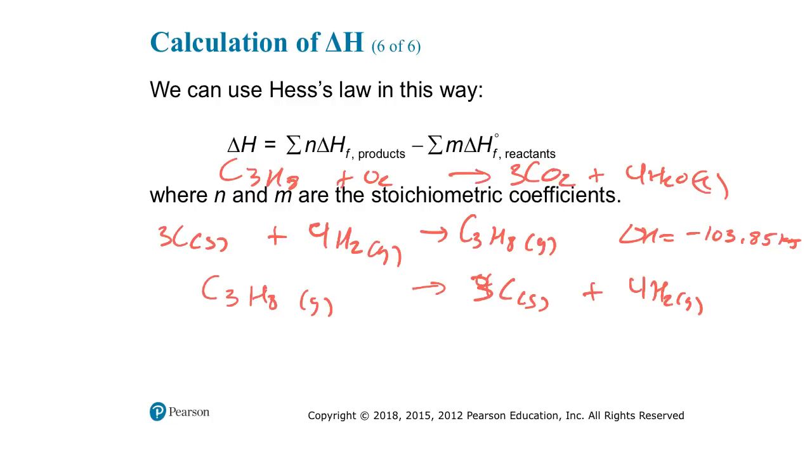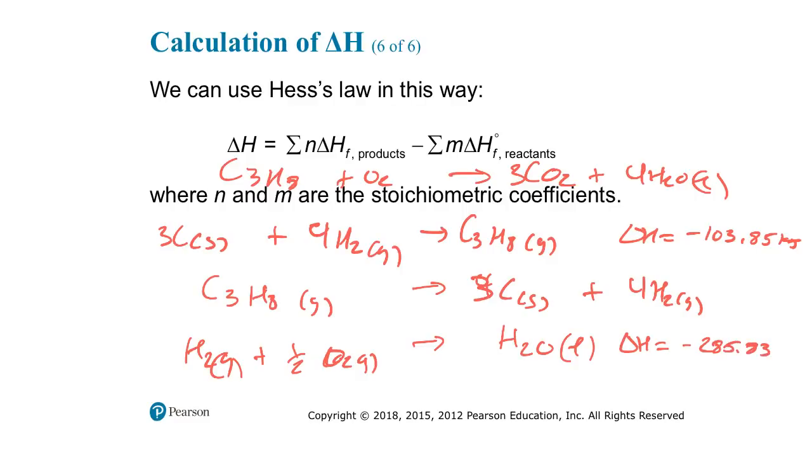Then do the same thing for water, forming water from H2 gas. Now we get a fraction here at first of O2 gas to make water liquid. The delta H of this reaction would be minus 285.83 kJ. Now we want 4 waters, so we've got to quadruple everything here. We multiply all the coefficients and that delta H by 4.